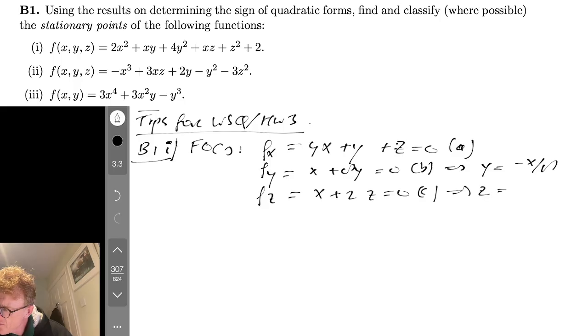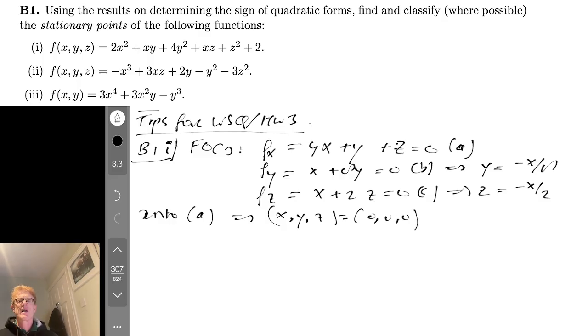Z is minus x over 2. Into A yields x, y, z is the origin. For a quadratic function, that's expected anyway.